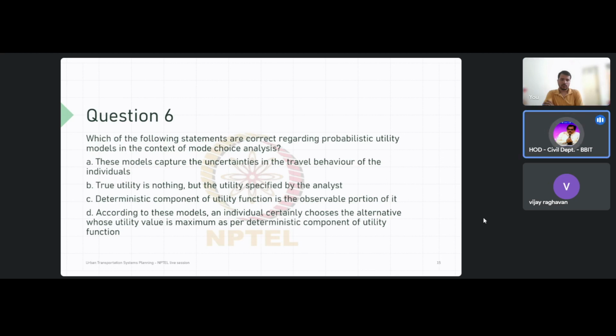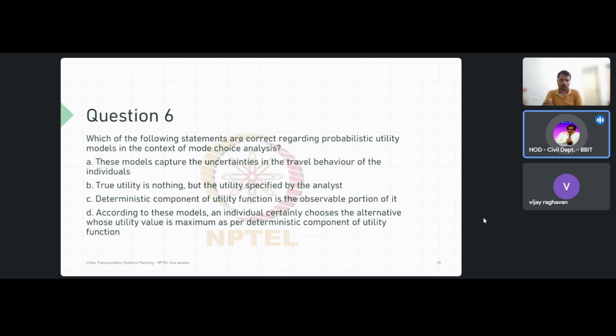The statement D is correct because according to these models, an individual certainly chooses the alternative whose utility value is maximum. This is the correct statement. And the B statement is the wrong statement because true utility is nothing but the utility specified by the analyst, but the utility specified is not correct.